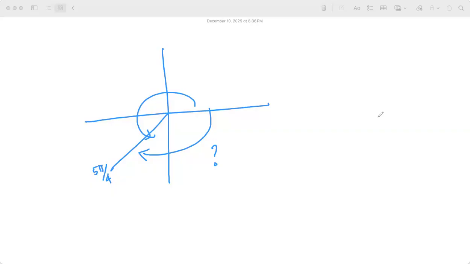Let me bring a book as well. We'll revise this, guys. There's no point moving on. So what is that angle? The question mark. Oh, okay, sorry.